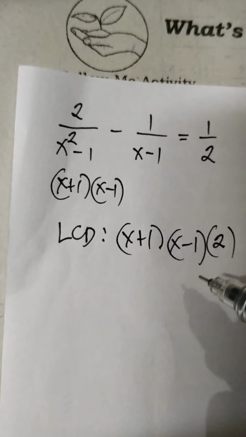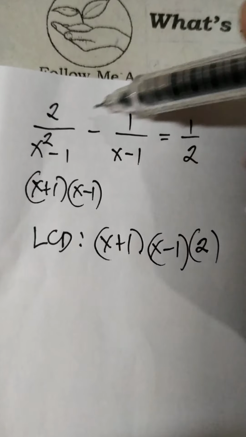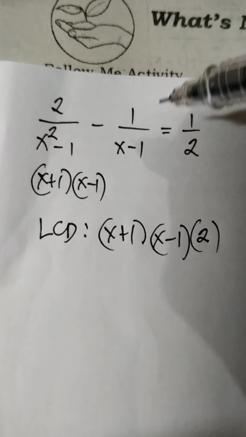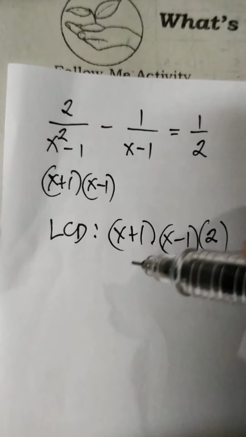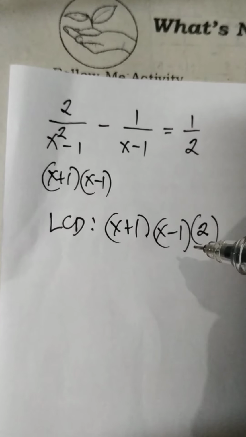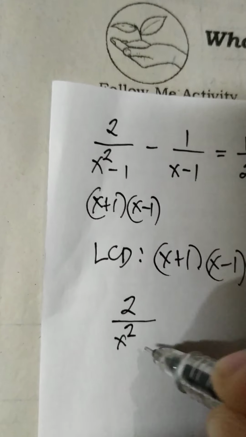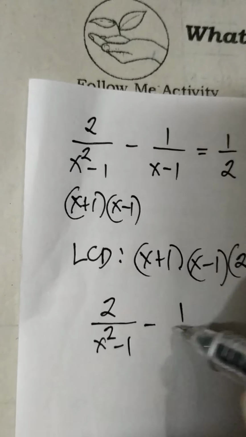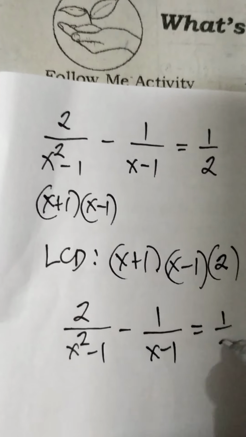So the next step is to multiply this LCD to the whole equation nato diri. So kada expression diri atong i-multiply si LCD. So rewriting, we have 2 over x squared minus 1 minus 1 over x minus 1 that is equal to 1/2.